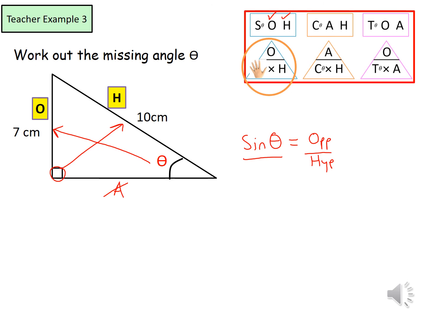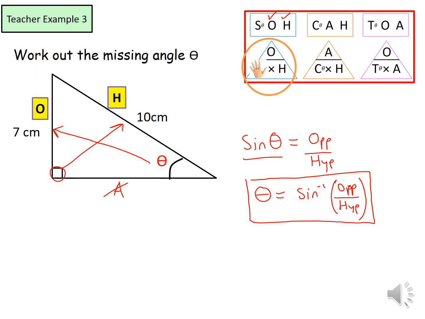So what you need to do is divide by sine on both sides. Therefore it should look like angle equals inverse sine opposite over hypotenuse. This is your formula you would be using to find the missing angle.